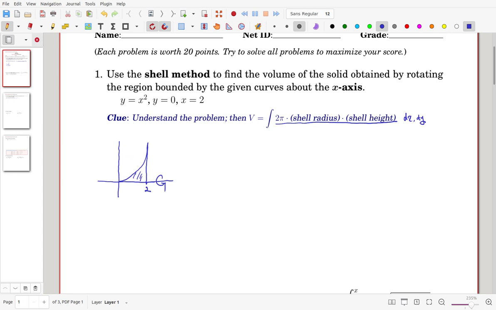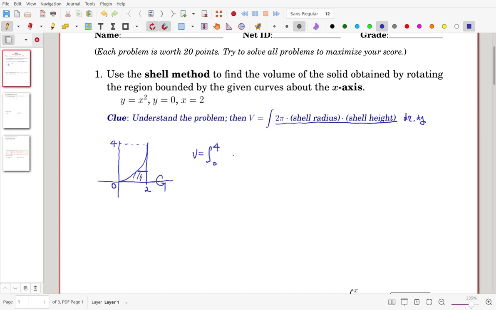Because it's rotated about the x-axis, each line segment that is rotated will make a shell. So the volume computation must be a y integration. When x equals 2, the y value will be 4, so it's a 0 to 4 integration.